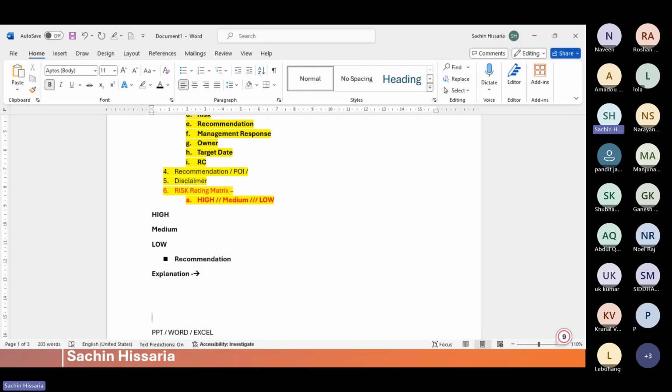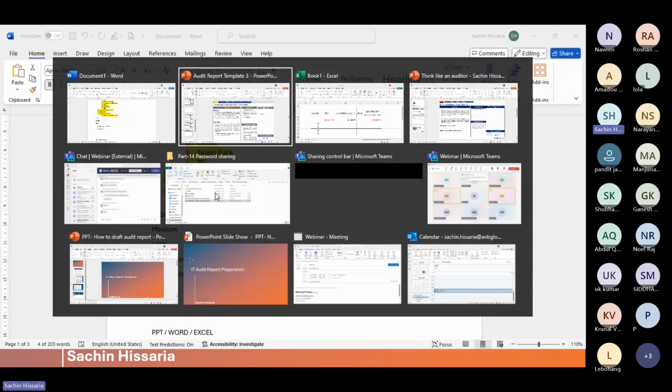So as a best practice, as an auditor, we document our risk rating metrics. How the risk rating metrics look, I will again show you a couple of examples.